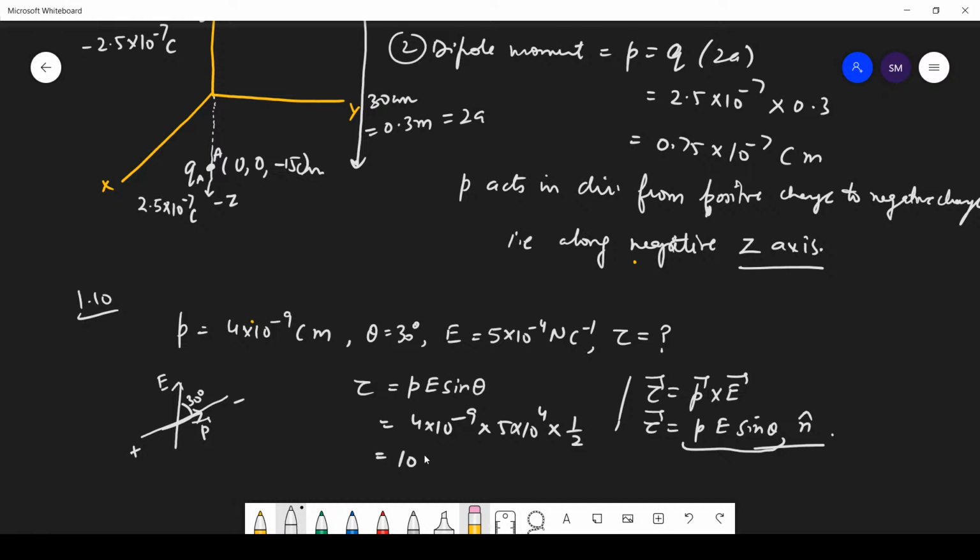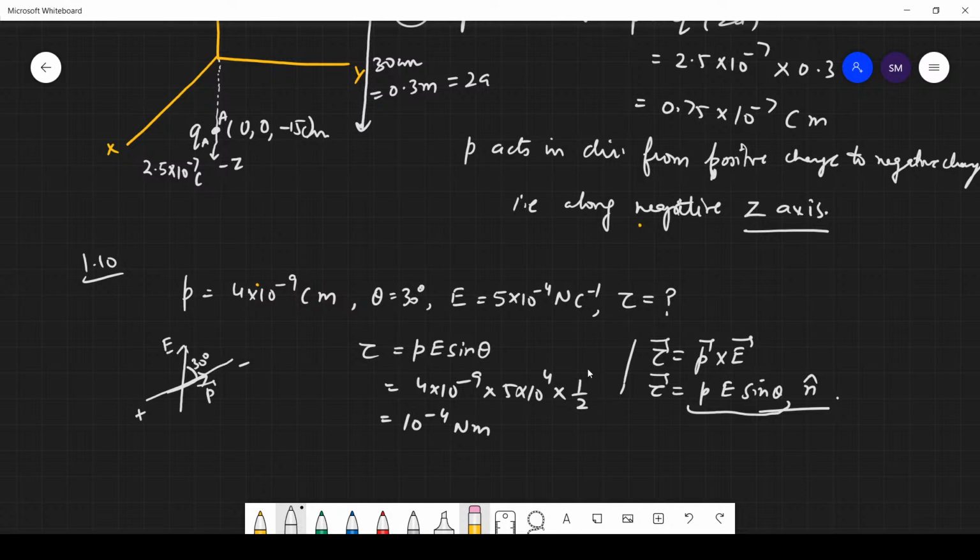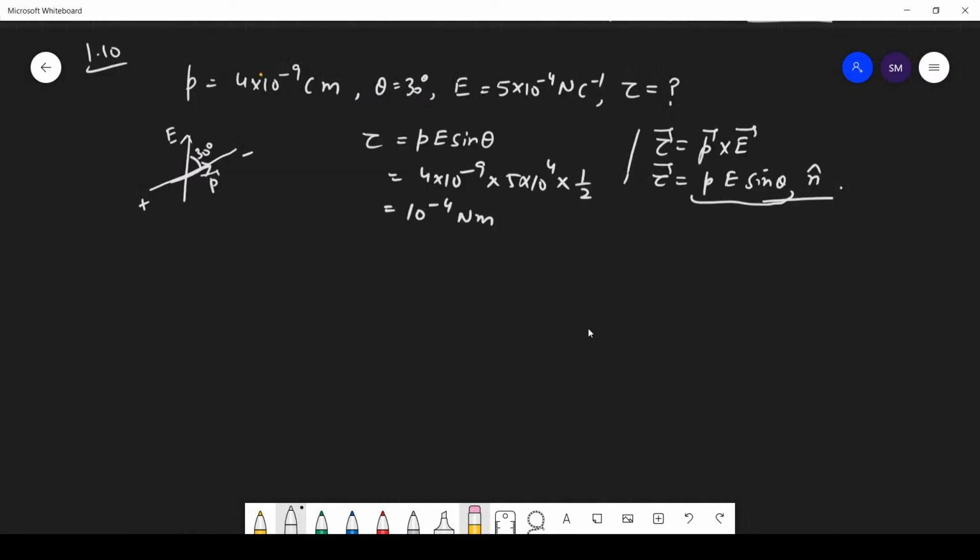So this comes out to be 10⁻⁴ newton meter. So very simple numericals. Students, always try the numericals by yourself. You can pause the video and solve the numerical yourself and then check your answer. It is better if you try the numerical yourself.